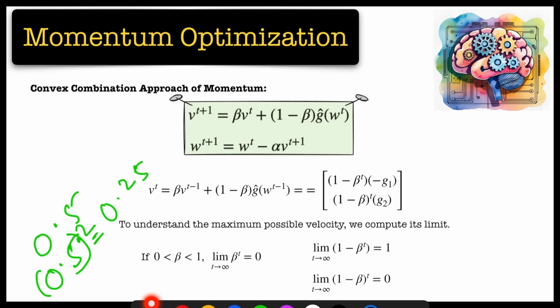So the limit of 1 − β^t will be 1 when t tends to infinity. And for (1 − β)^t, since β is between 0 and 1, 1 − β is also between 0 and 1, so the limit of this power t is also 0. So the maximum value possible for 1 − β^t is 1, and for (1 − β)^t the value tends to 0.